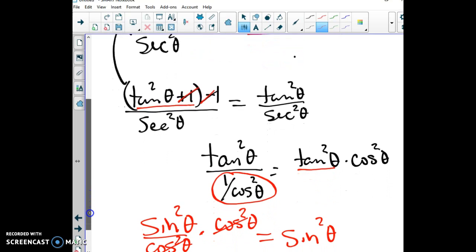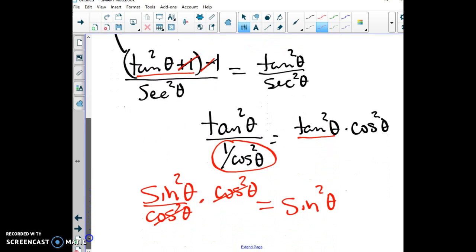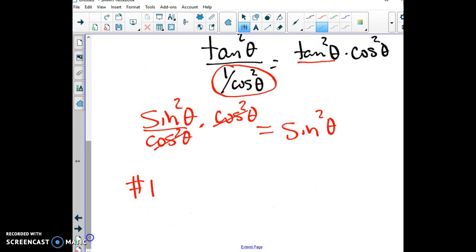So take a look at these steps. Keep in mind that as you do more of these, they're going to become easier and easier and way more obvious. You guys go ahead and try problem number 15.